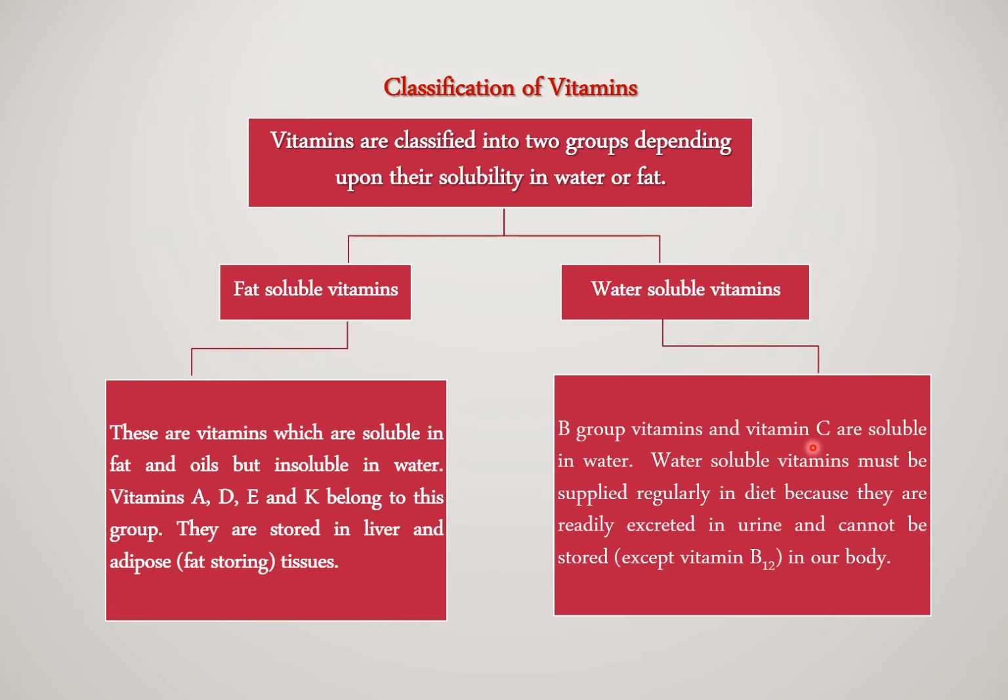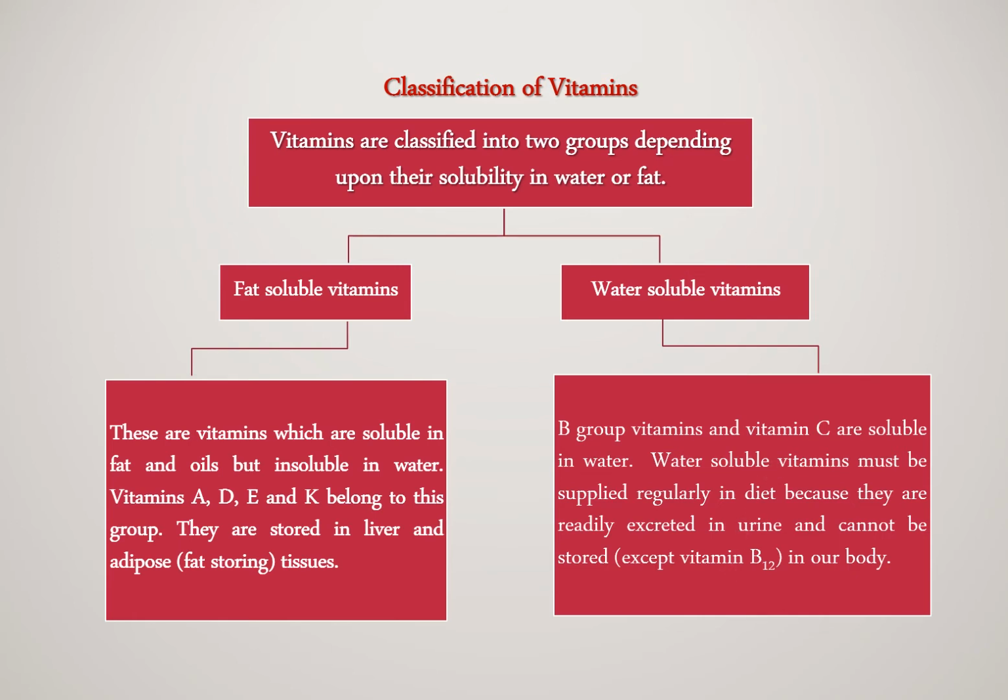Now, one important point which we should not forget is that as vitamins B and C are soluble in water, they are easily excreted along with the urine. Hence, they cannot be stored in our body, with the exception of vitamin B12.